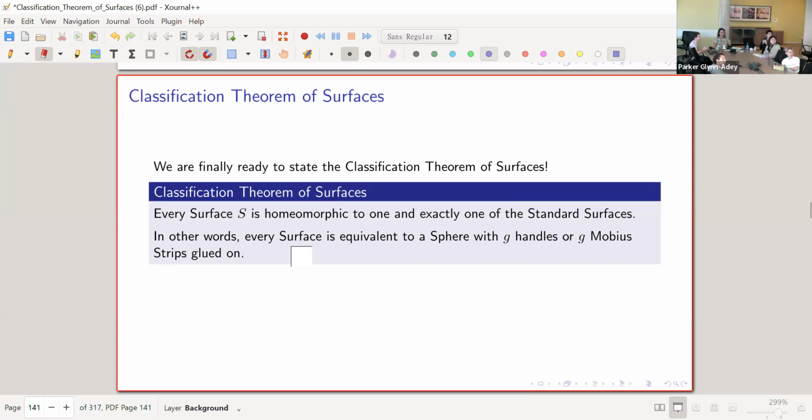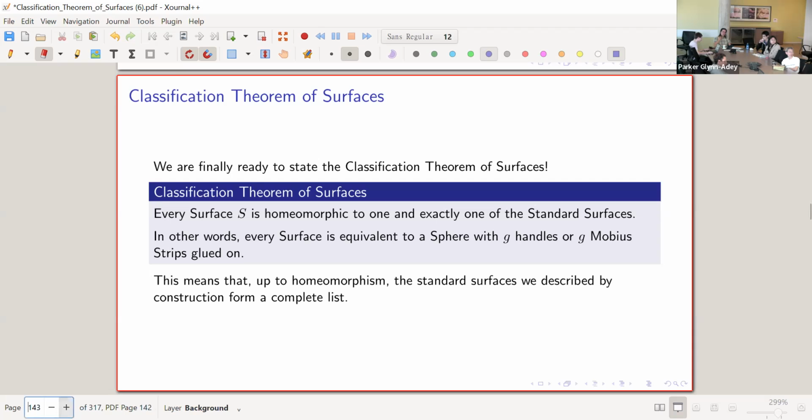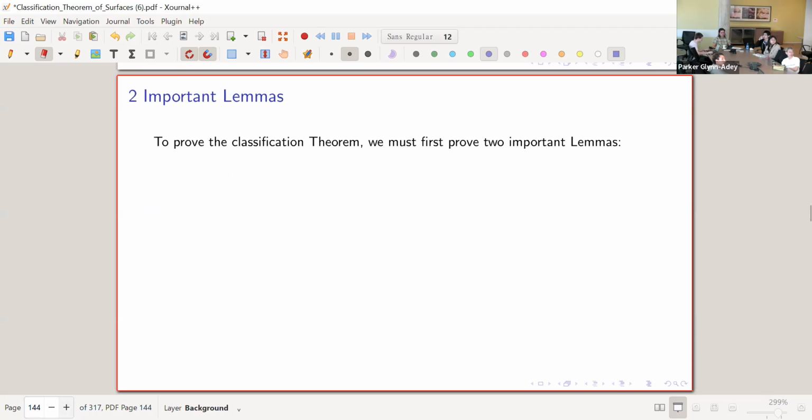So in the orientable case, it will be a surface with N handles, and in the non-orientable case, it'll be a surface with N Mobius strips glued on. That's really beautiful because surfaces seem so complex, right? There are so many different examples of them you could think of, but topologically, they all fit into this nice list. So we're going to prove this.